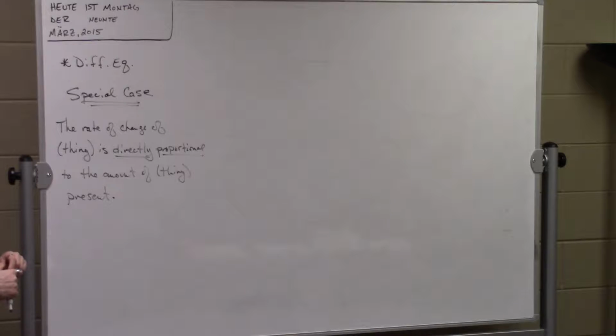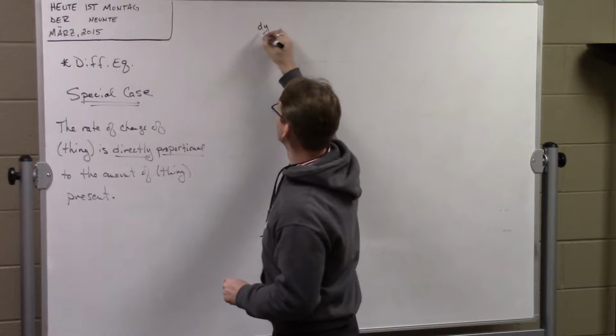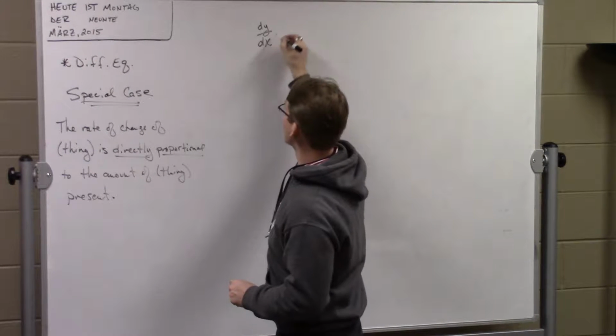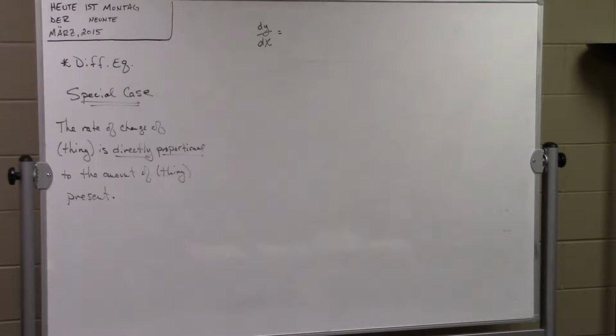Oh, yeah. So here's how the math looks. The rate of change of something, so let's call it dy dx. Okay, that is the rate of change of something. We could also use dp for population, they like that one a lot. We could use dt for time.